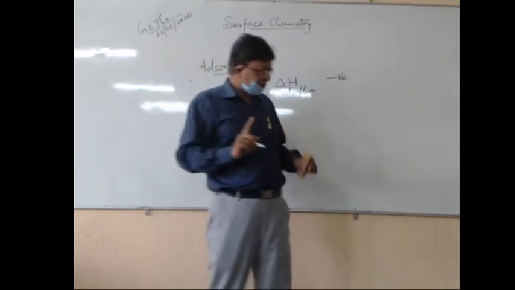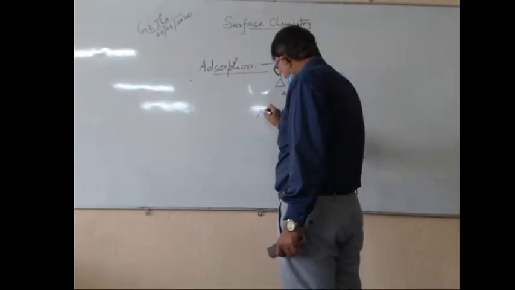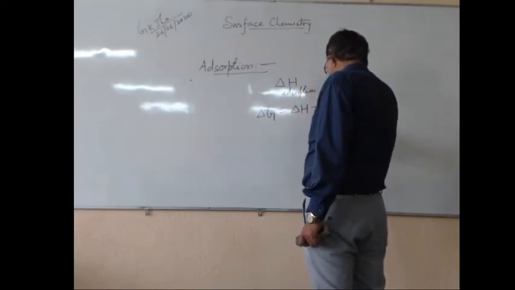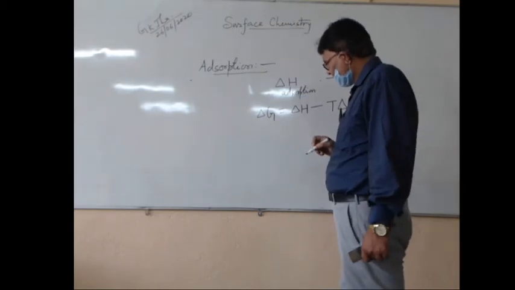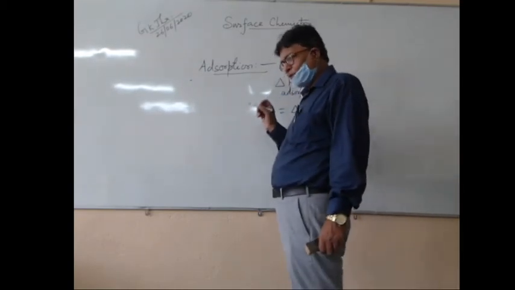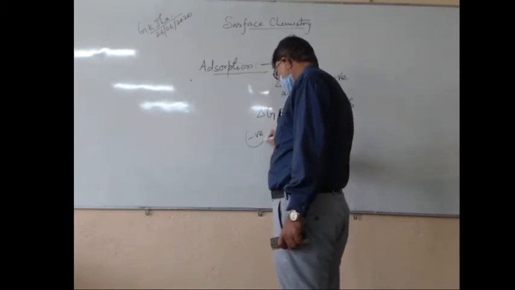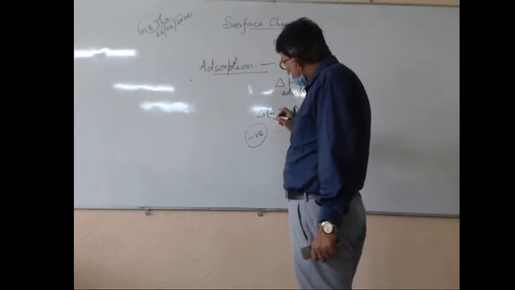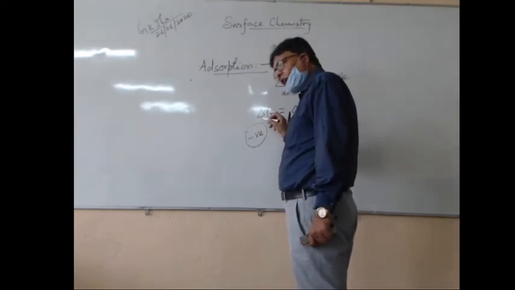Based on this, thermodynamically we have a very famous equation, delta G is equal to delta H minus T delta S. We are considering that adsorption is taking place. That means delta G is negative. In order that adsorption takes place, delta G has to be negative.